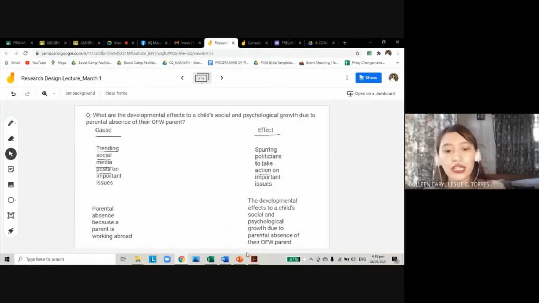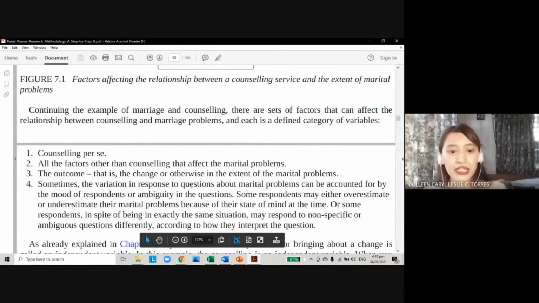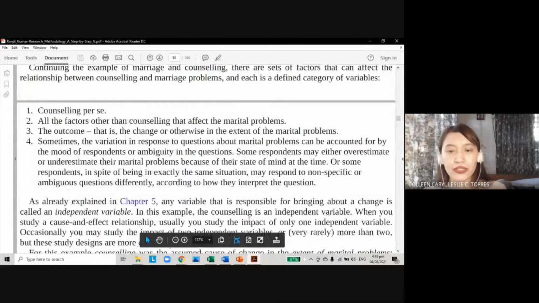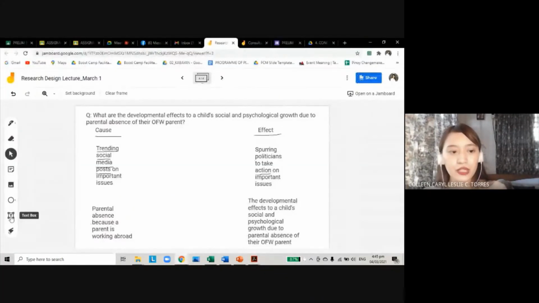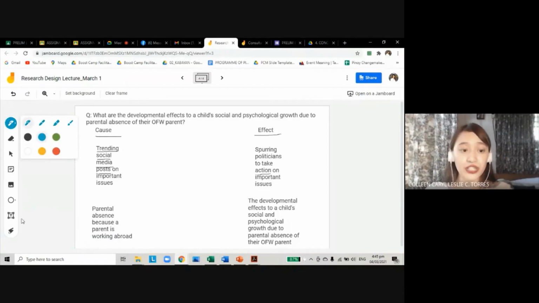So in the case of the research design, that is the independent variable, no, kini siya. And then what's the importance of the independent variable? Basically, kini siya kay it will help you to determine what you're going to measure in your study.